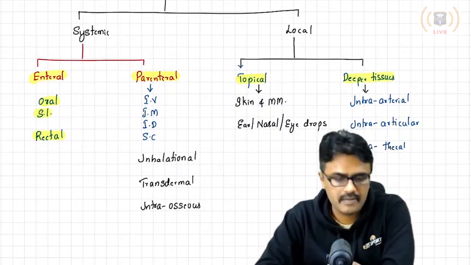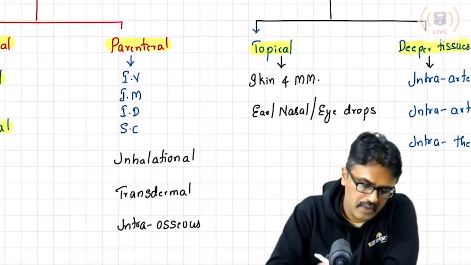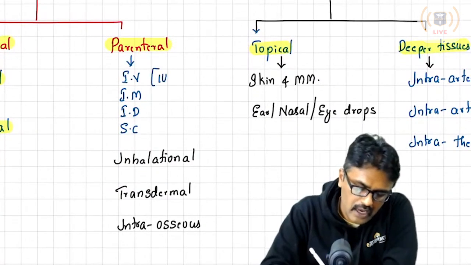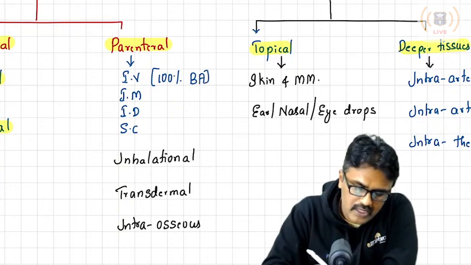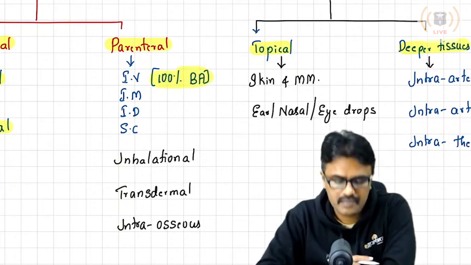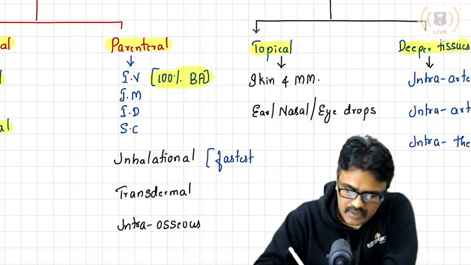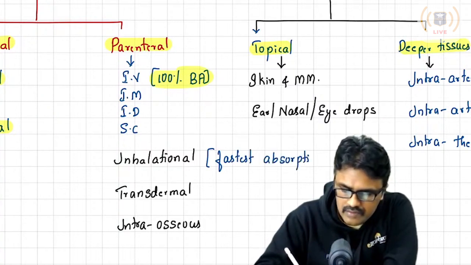Yes, you are all right. The 100% bioavailability is seen with IV route. I will tell you why it is 100% later. So please write down the 100% bioavailability is obviously with IV route. And the fastest absorption is seen with inhalation route.